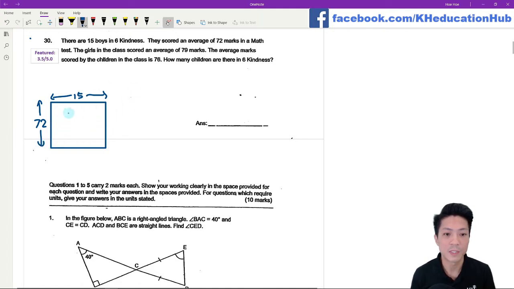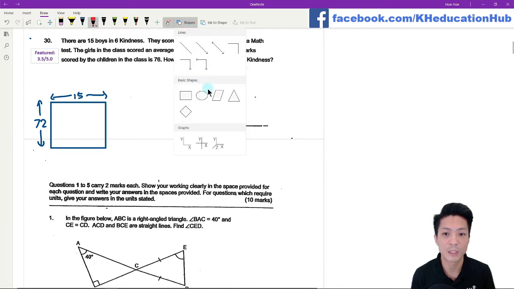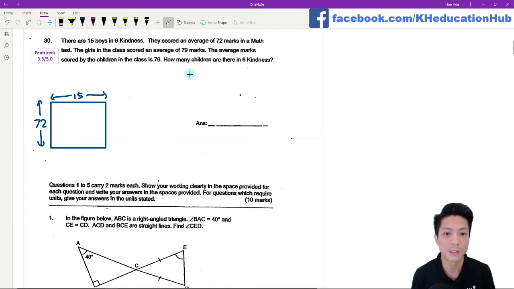This box over here will represent their total score. Now I'm going to draw another box which represents the girls and their average score. The girls scored an average of 79 marks, which means that the box will be bigger. The problem is I do not know how many girls there are, so I'm just going to put a random size over here. 79. And this will be the number of girls.